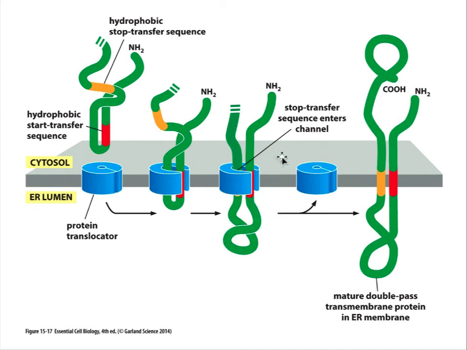Now there is no peptidase to remove the red molecule because it's not necessary and there's no signal to do so. Therefore, there's no cutting taking place, and once the polypeptide has been finished by the ribosome, it's released from the translocator as a 2-pass protein. So it passes through the membrane twice. And now you can see both ends of the polypeptide are facing the cytosol, and the loop is in the lumen.